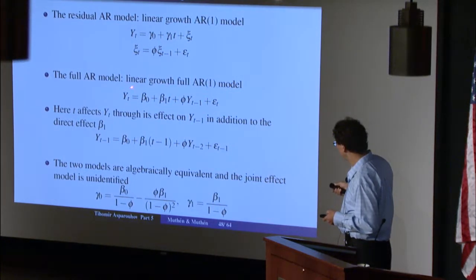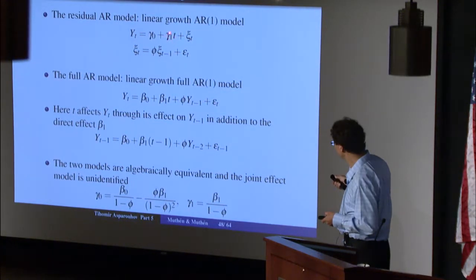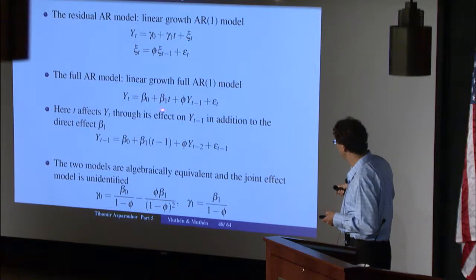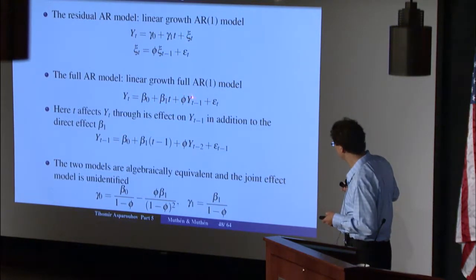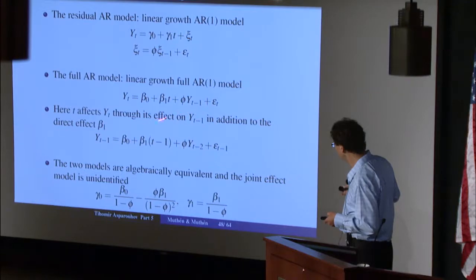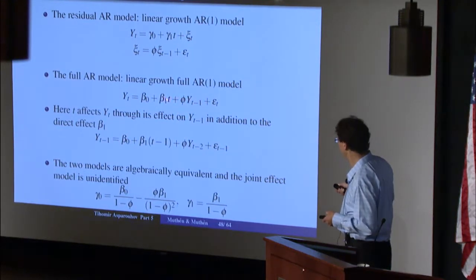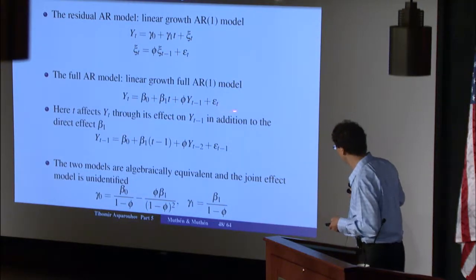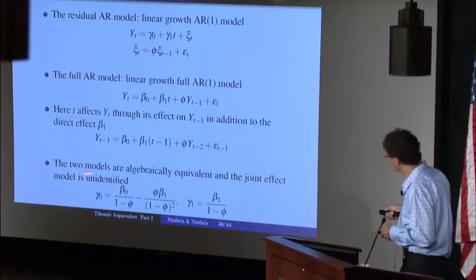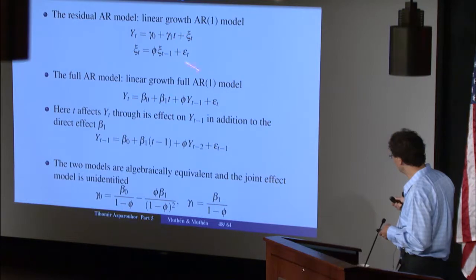Note here that the effect of time is direct. You have just this coefficient, and that's how time affects y_t. But here, it's not just this, but t is actually inside y_{t-1} as well because of this equation. So the effect of time is a little more complicated. It comes from this portion as well as this, so it's a combination of this. It turns out that these two models are completely algebraically equivalent.